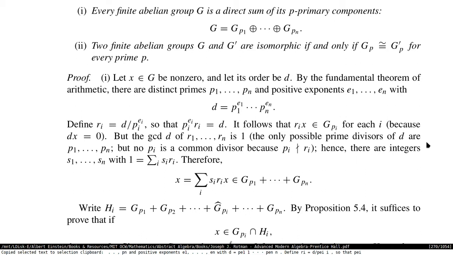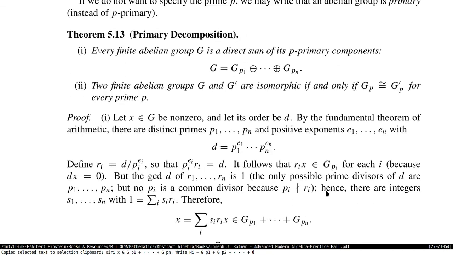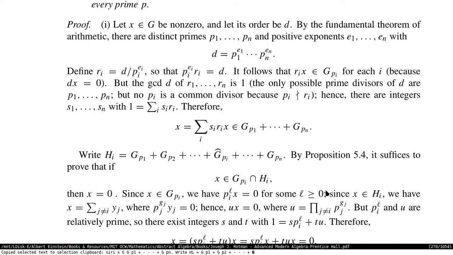So x is equal to the summation of this linear combination times x, and this is going to be included in the sum of all the p-primary components. This is because if you flesh out this summation, you're going to have si ri x, so s1 r1 x plus s2 r2 x, dot dot dot.